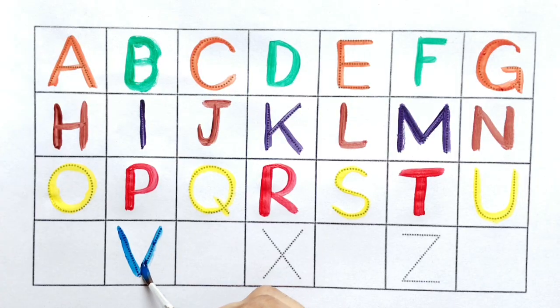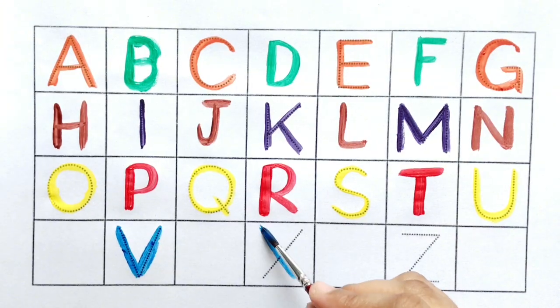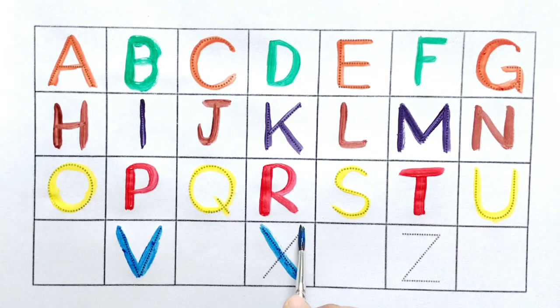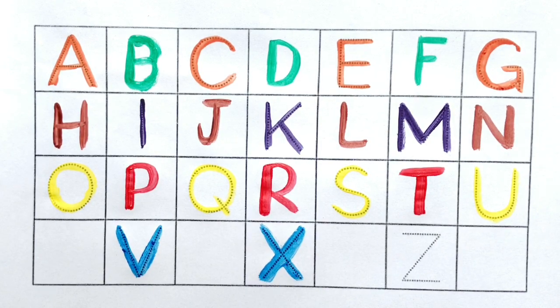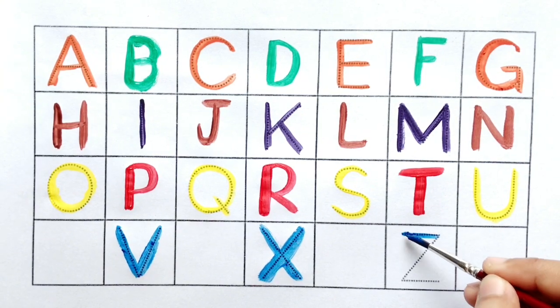Blue color. V for vase. X for xylophone. Z for zebra.